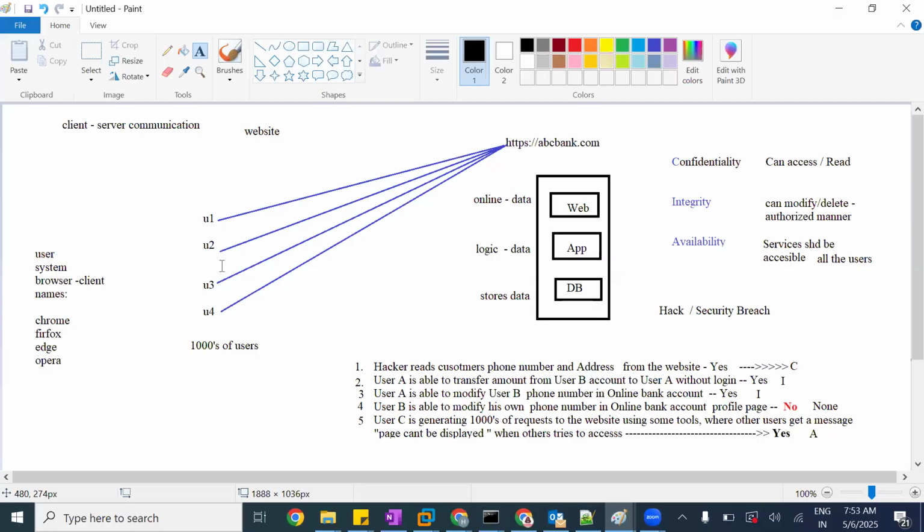But how does a computer or a browser know? How does the server know that this user is asking for a login, user 2 is asking for fund transfer, user 3 is asking for some other request? How do they understand? Do they understand English?